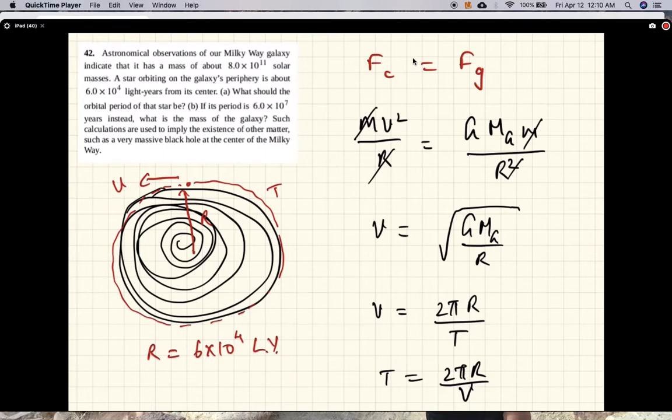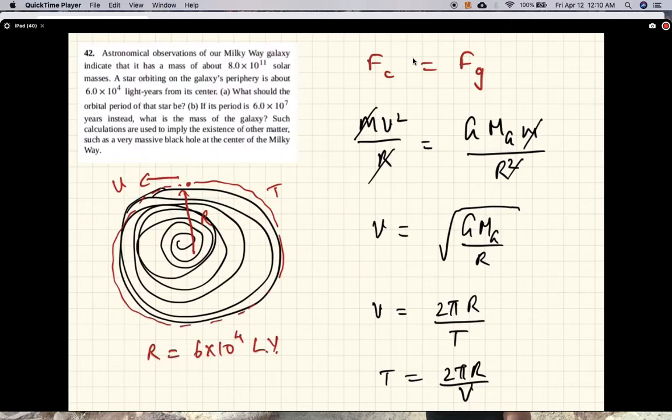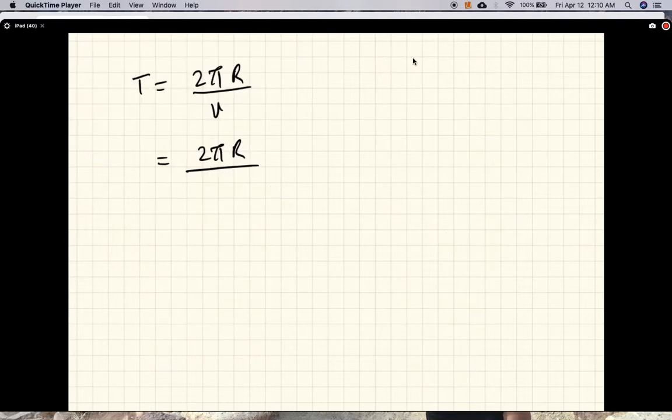Substituting the expression for the velocity we got, 2 pi r divided by the square root of G times the mass of the galaxy divided by r.